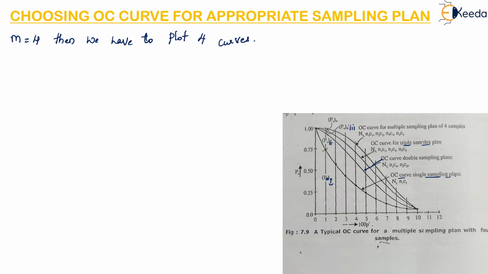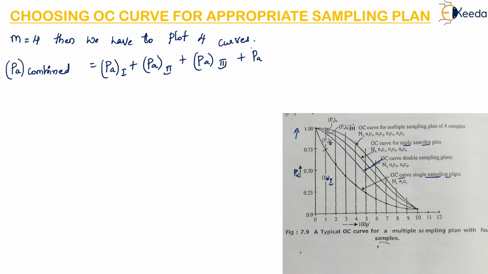As usual, the x-axis is the fraction defective and the y-axis is the probability of acceptance. The combined probability of acceptance is the probability of acceptance of the first sample plus the second, plus the third, plus the fourth.